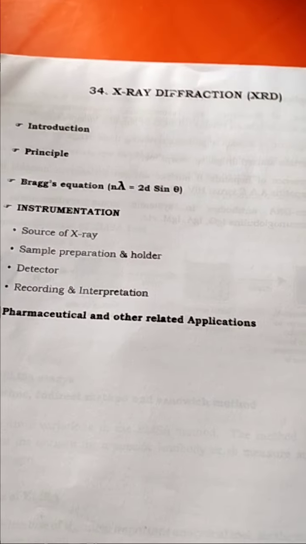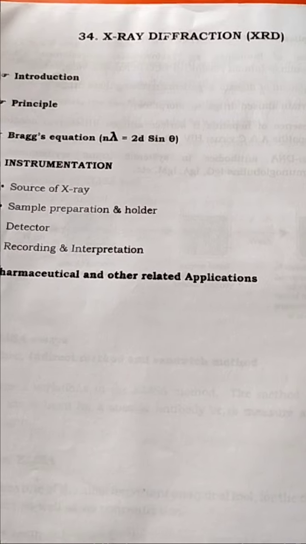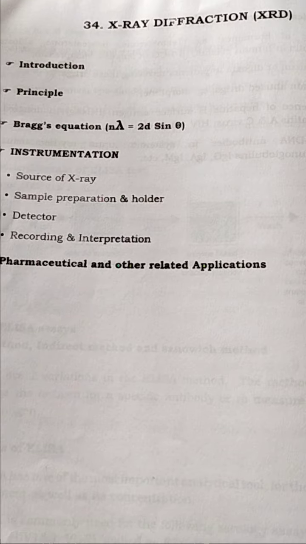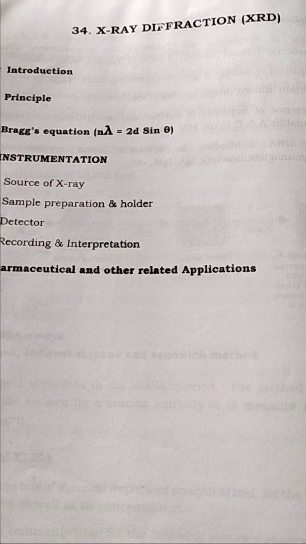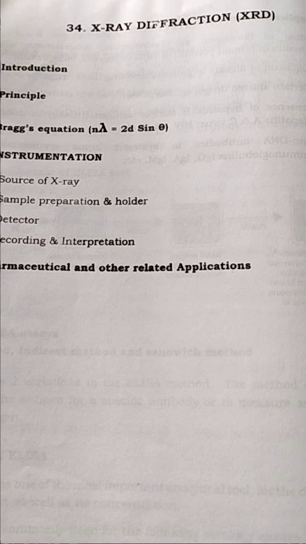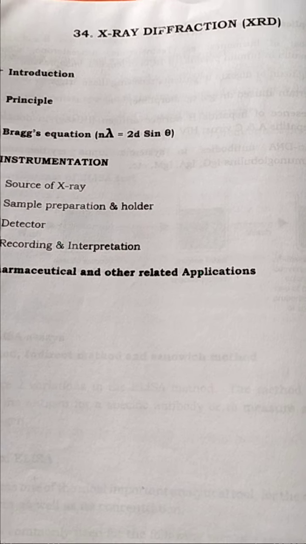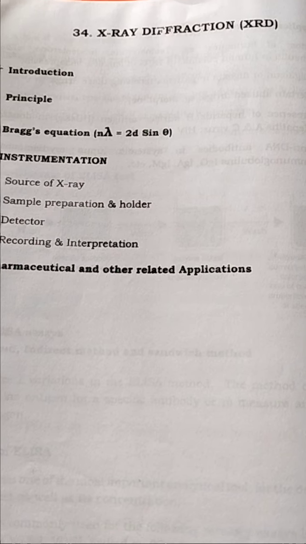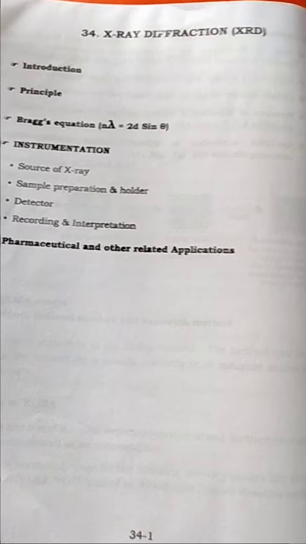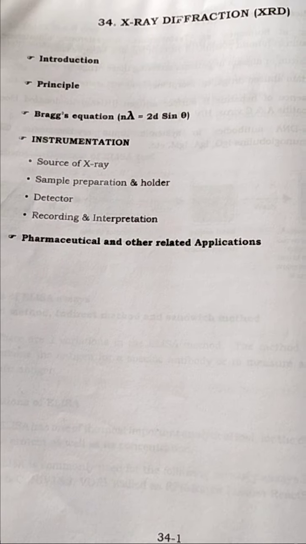Another topic is X-ray diffraction. We already know many types of X-ray use. An X-ray is taken when a fracture occurs, or sometimes when there is bone damage or joint destruction.